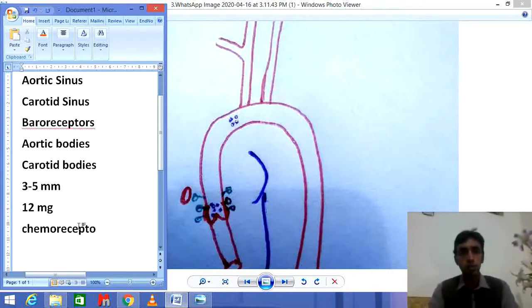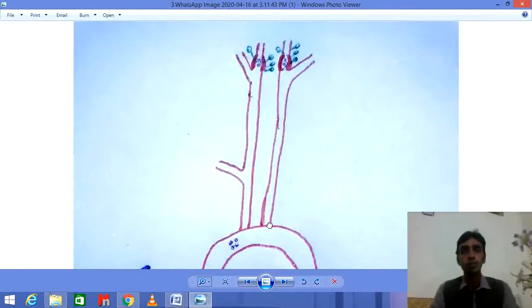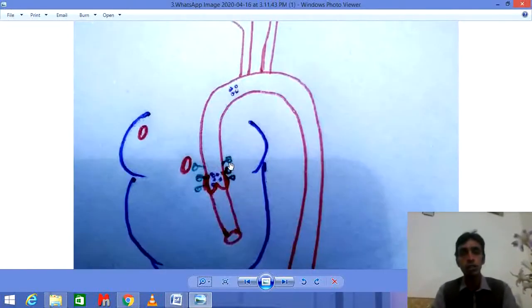So where are the chemoreceptors present? Chemoreceptors are present on the aortic bodies and carotid bodies. A large number of invisible small receptors are present. These are chemoreceptors.